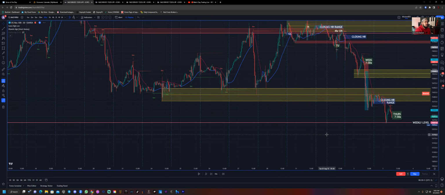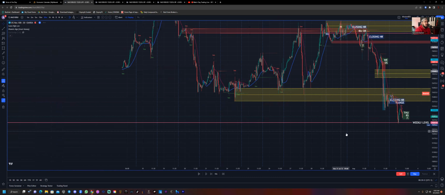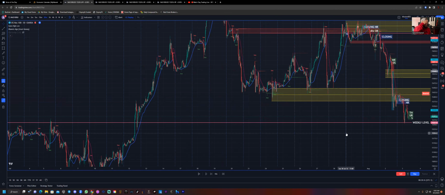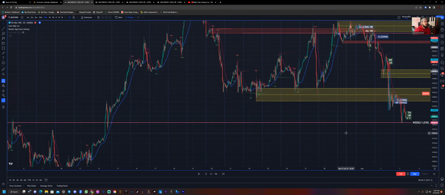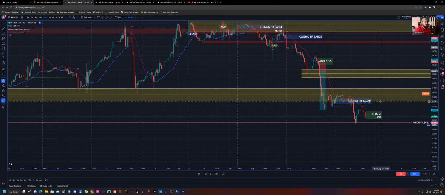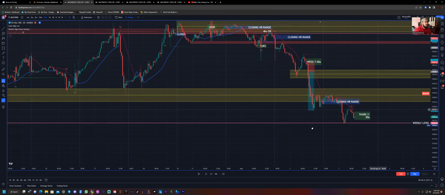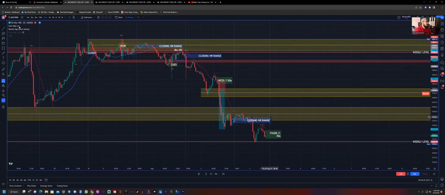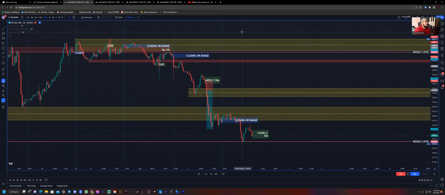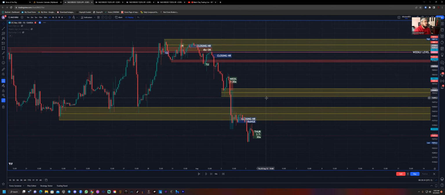Now we could potentially see a pullback going bullish because we're at a pretty significant area of this weekly level. And so let's see if I can do this. All right. So where would I be thinking price would want to pull back to?